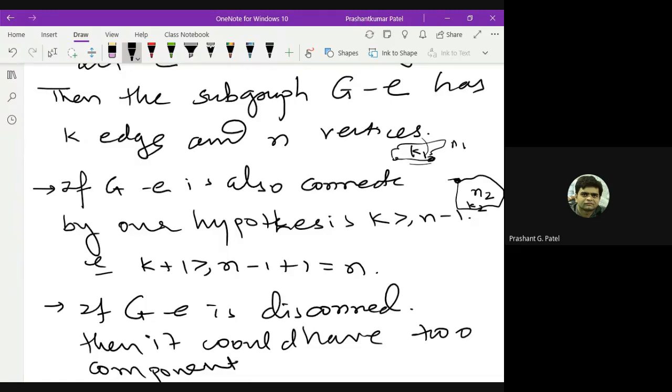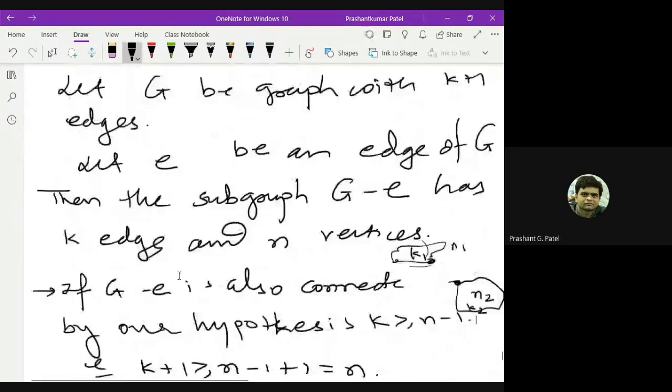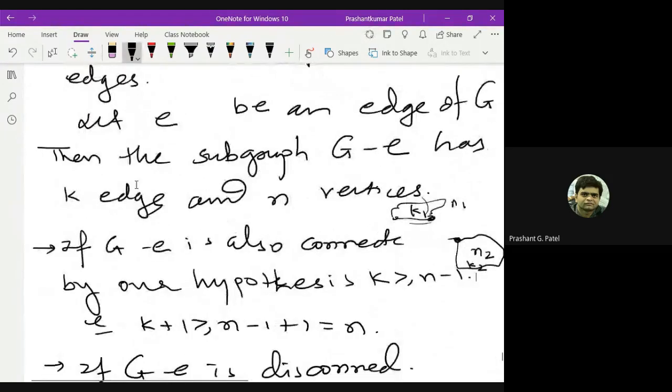As per the assumption, what is our assumption? That any connected graph with n vertices will have a minimum of n minus 1 edges. Here it is k1, here it will be k2, where k1 plus k2 is nothing but k, and n1 plus n2 is nothing but n.